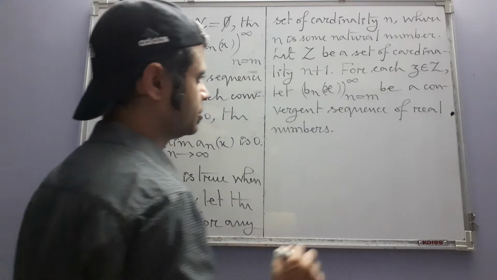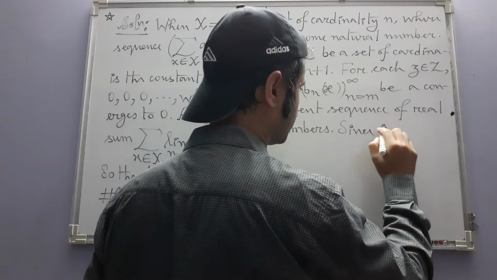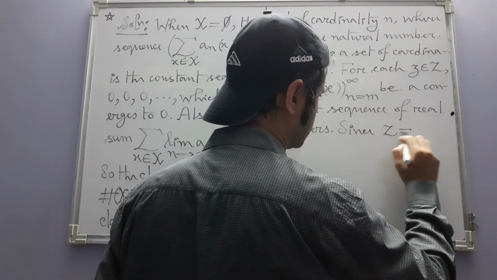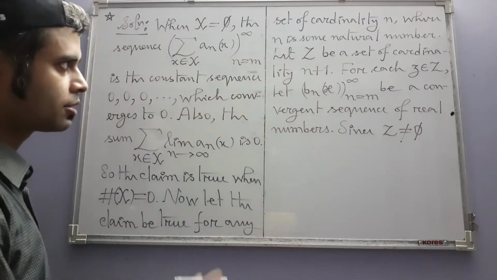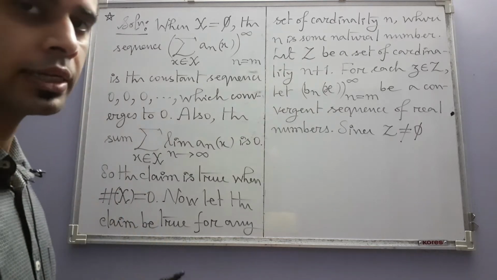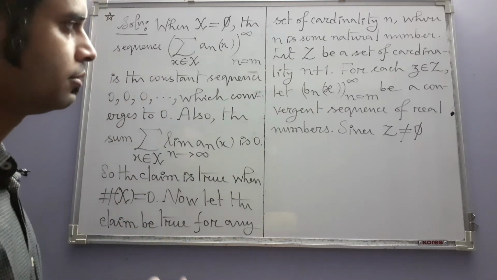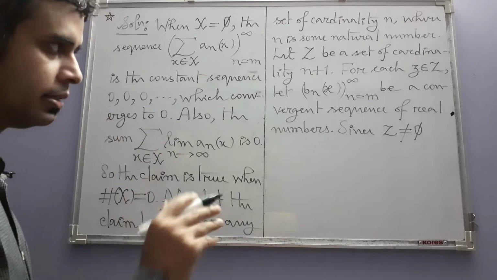First of all, we notice this. Since Z is a non-empty set, because its cardinality is n plus 1, in the least possible case where n is 0, then also Z has exactly one element, so it is in any case non-empty.